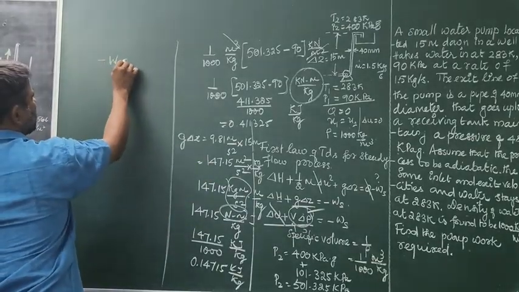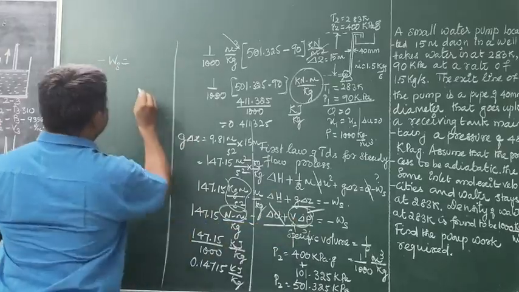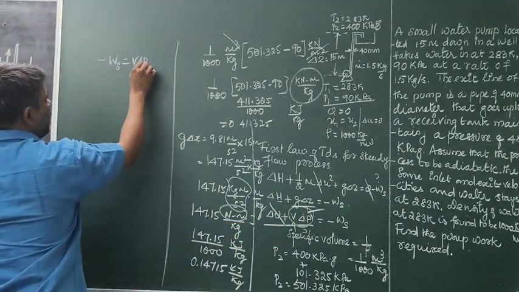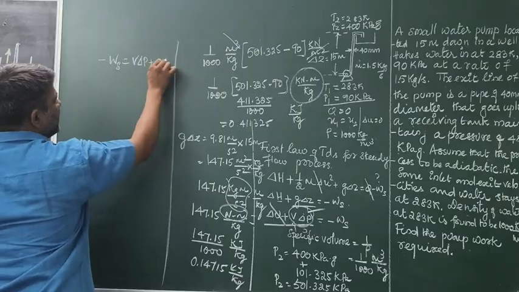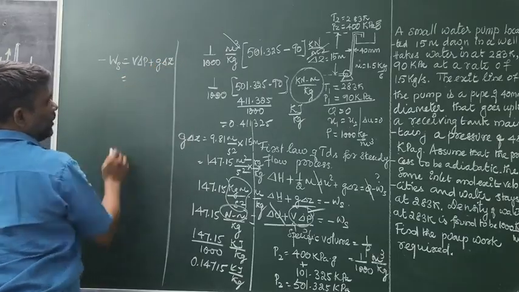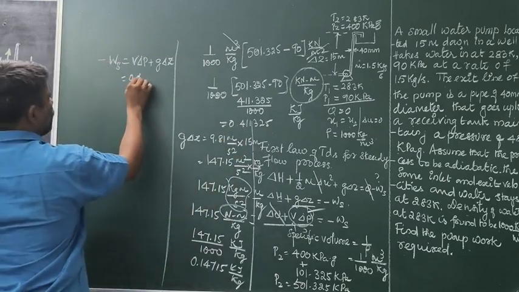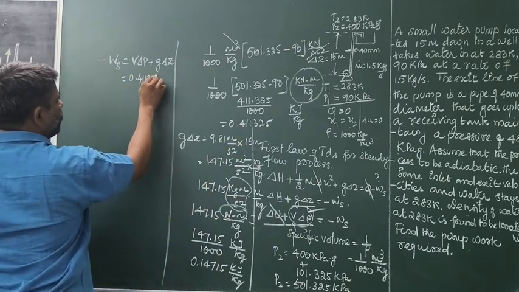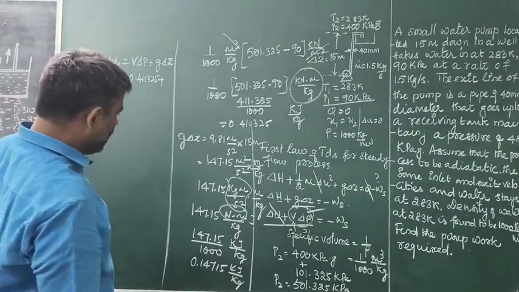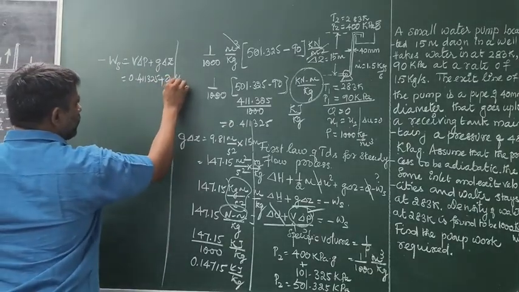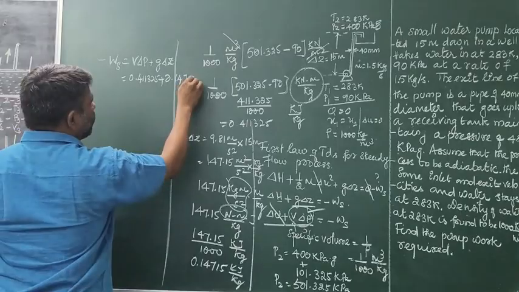Minus Ws is equal to V into del P plus g del Z. So V into del P is 0.411325 plus 0.14715.